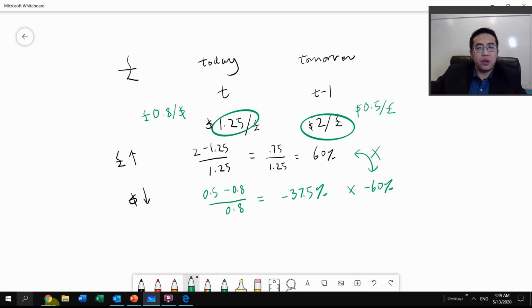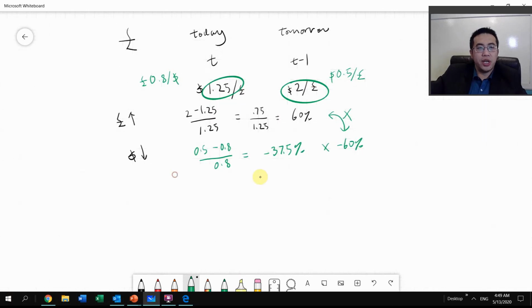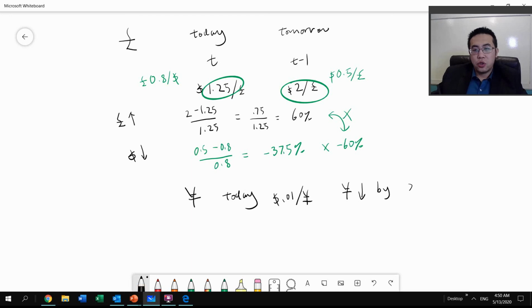So what are the additional requirements for the currency appreciation or depreciation? I could ask you this. For the Japanese yen, today the value is $0.01 per yen. The yen depreciates against the dollar by 2%.